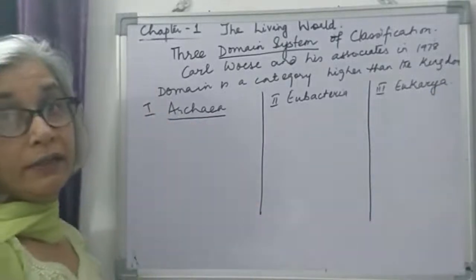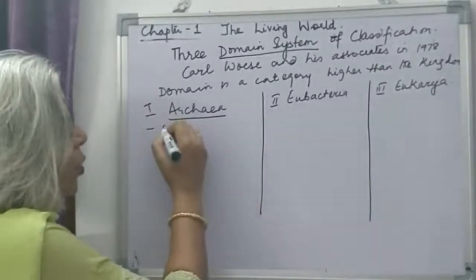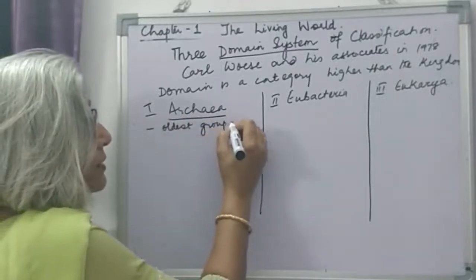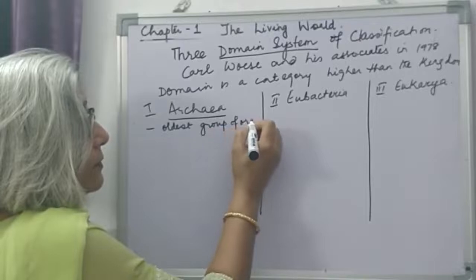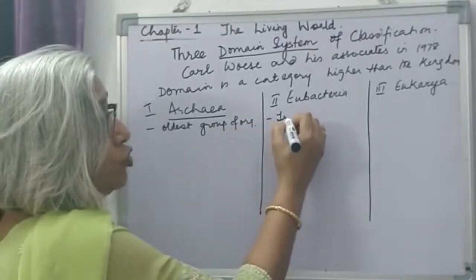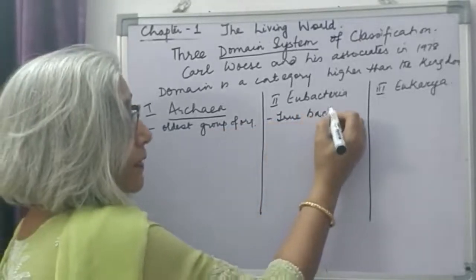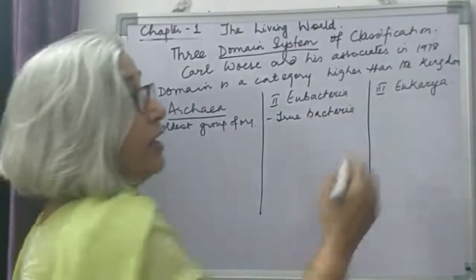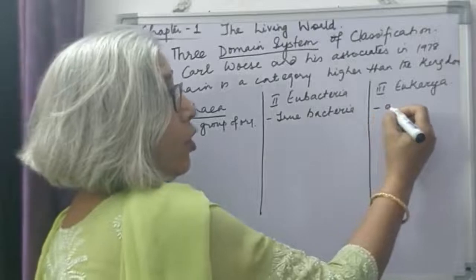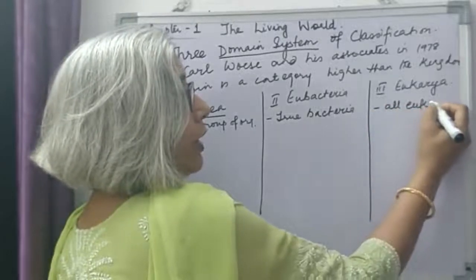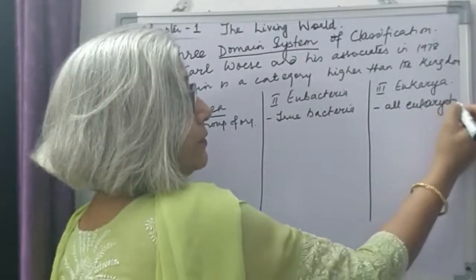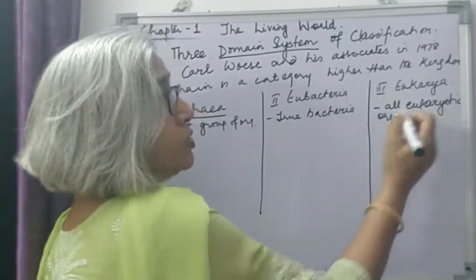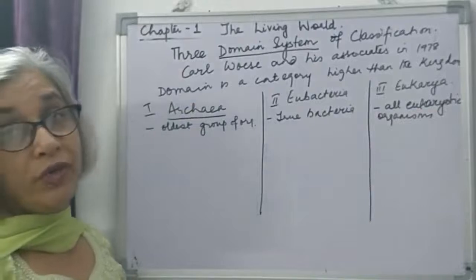Now archaea, these are the oldest group of organisms. Eubacteria are the true bacteria, and eukarya are all eukaryotic organisms, that is, all those that have a true nucleus.